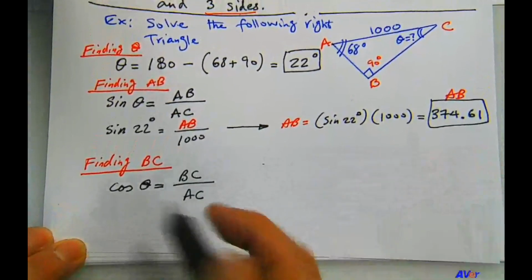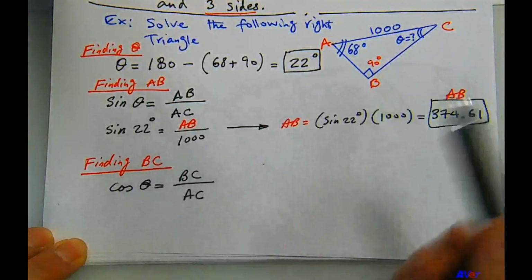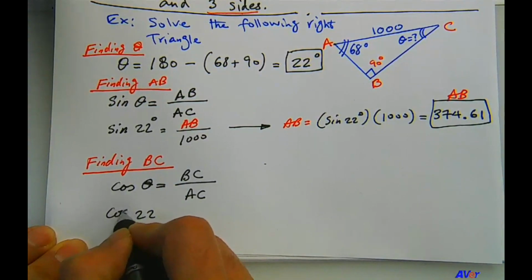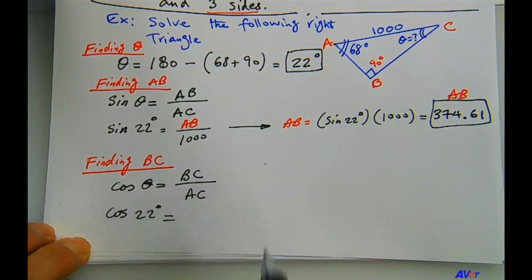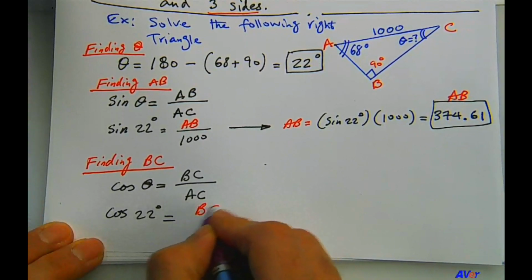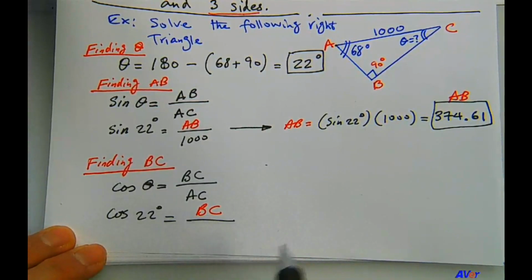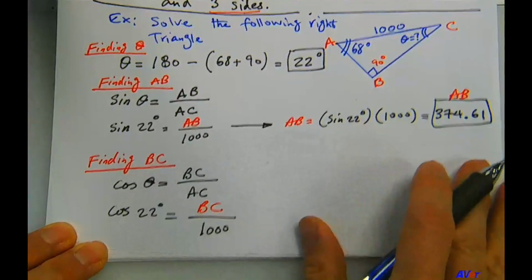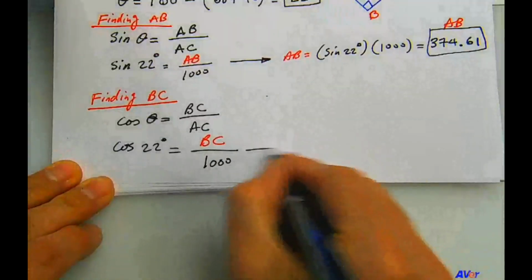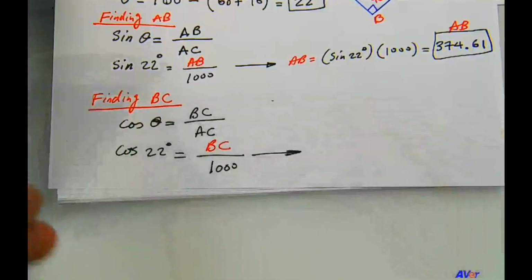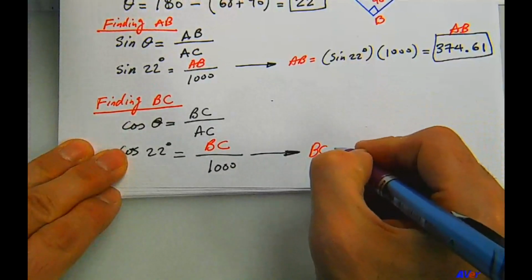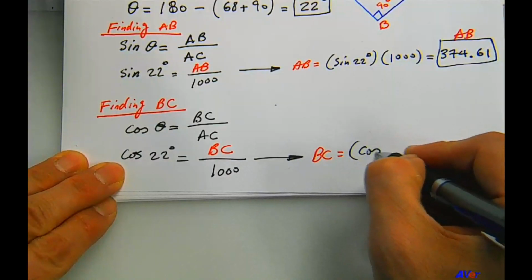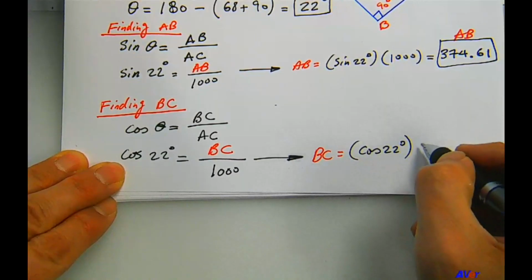Okay, so let's substitute for these. This would be cosine of 22 degrees equals BC divided by AC, which is 1,000. Okay, like that. So we have BC equals cosine of 22 degrees times 1,000.